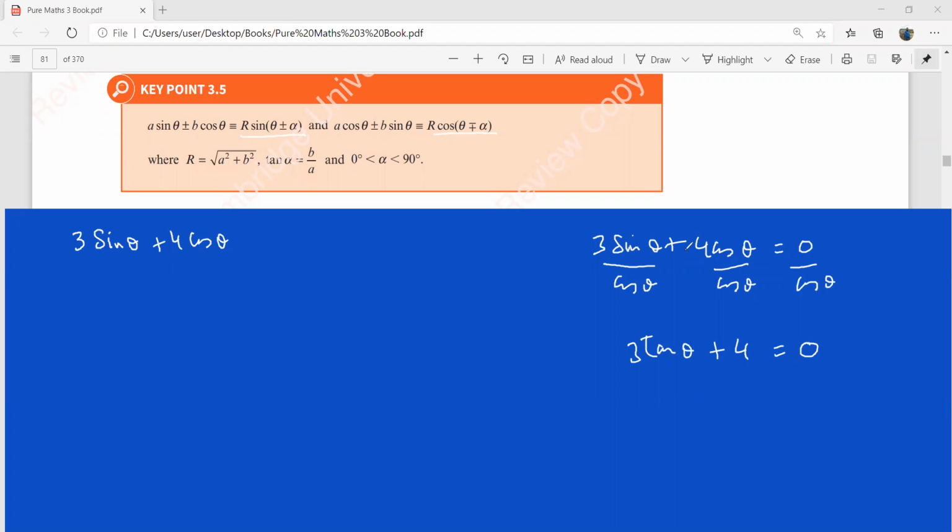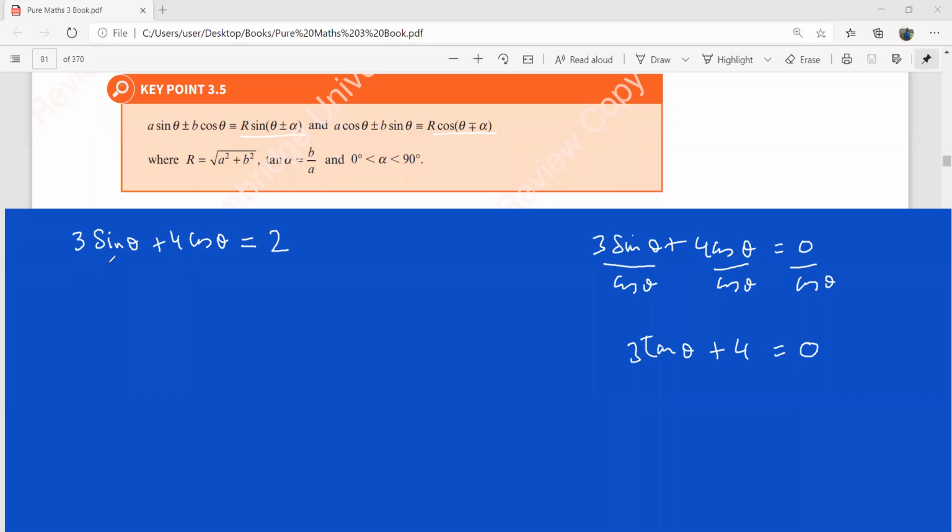We can do this if there are just these two terms, one term in sine, another in cos, and you have the zero on the other side of the equation. But what if, instead of zero, we have a number, let's say 2 over here? Now we cannot write this into one trigonometrical ratio by just dividing both the sides by cos theta.